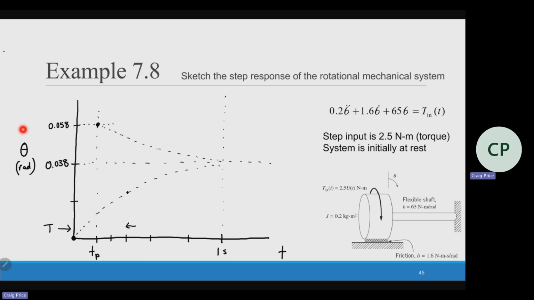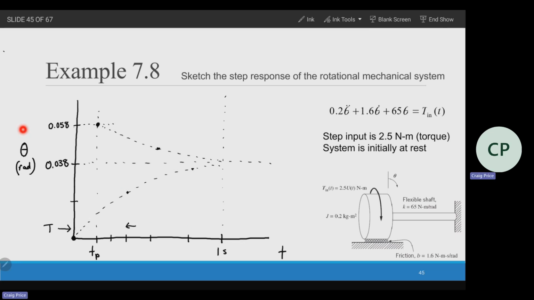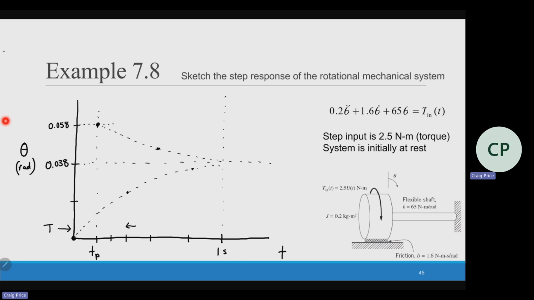And then I can kind of piece some of this together. Based on that same period, I'm going to move the same distance when I set up this graph. So it won't be perfect, but at least we're getting the idea of it. So to draw it, I go up to the first peak, come down, that's 1 period, go up, down, then we reach steady state.